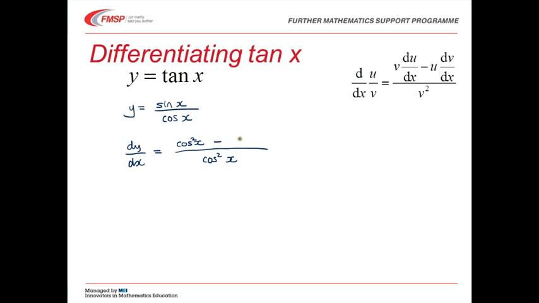Take away, write the top one, which is sine, and differentiate the bottom one, which is cos, and you get minus sine. So that gives me sine squared and changes that to a plus. Cos squared plus sine squared, of course, is 1, so that's 1 over cos squared, which is sec squared. And this result is in the formula book. The derivative of tan is sec squared.